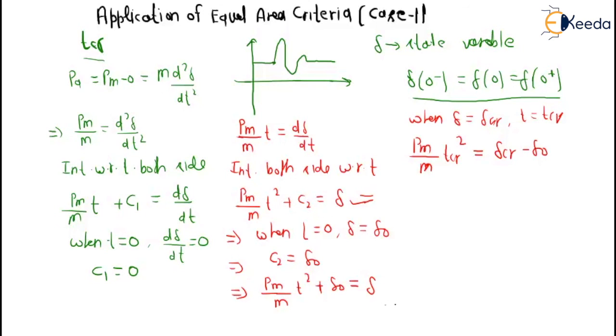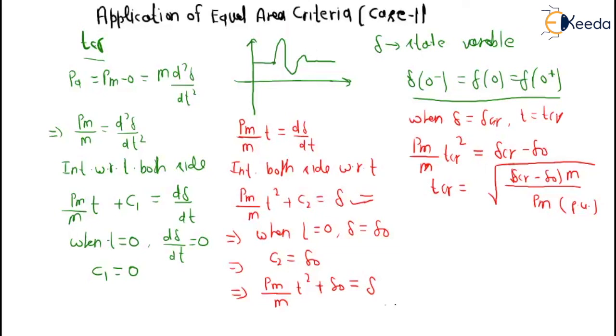So now we can write TCR is equal to the square root of 2 into del CR minus del naught, into M upon Pm basically. So we know that if this Pm is in per unit, then this M should also be in per unit.